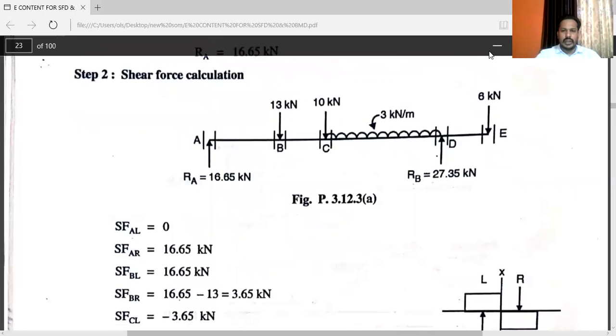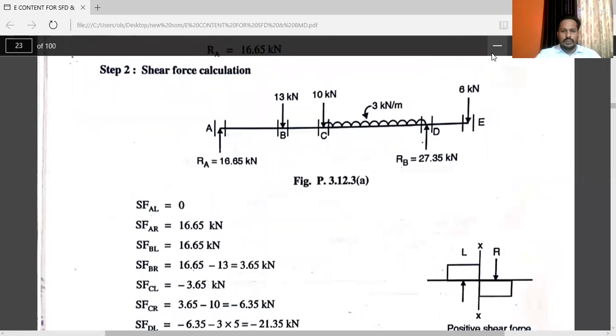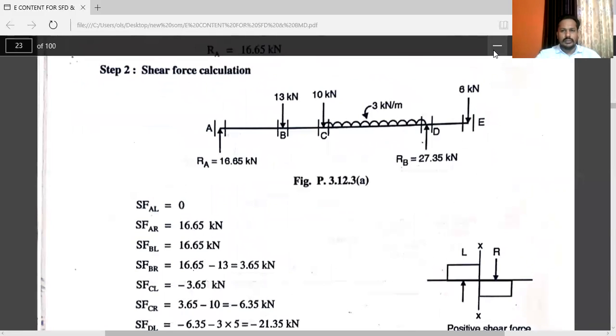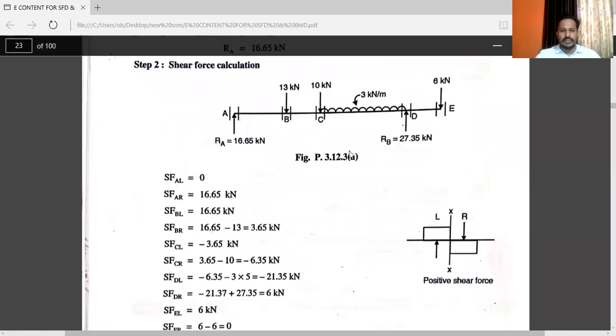See, after calculating the support reaction at point A and at point D, the very important concept is there to calculate shear force calculations.